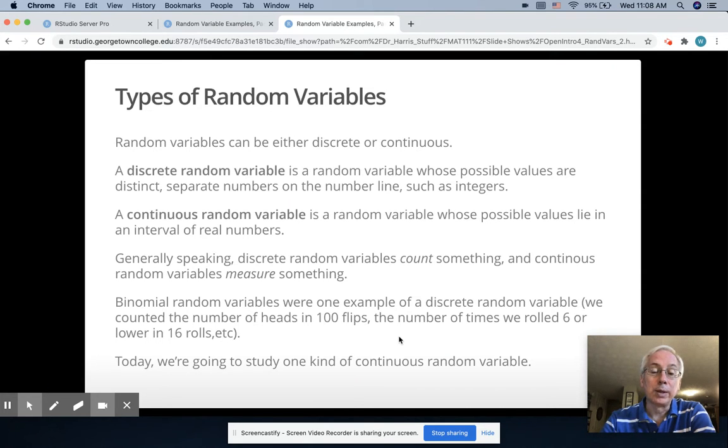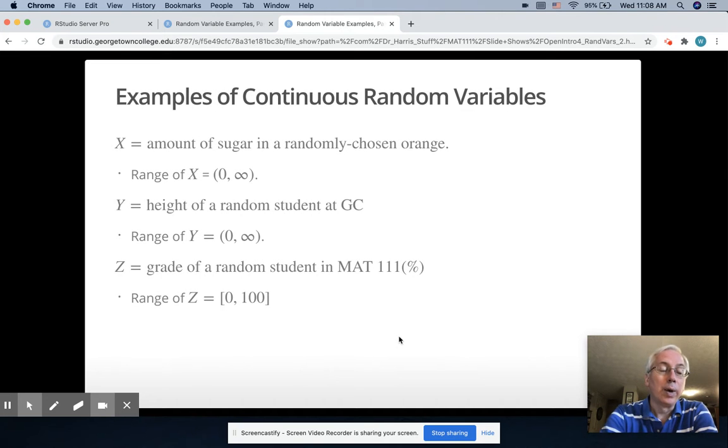But before we get into what normal random variables are, let's think about a couple of examples where we might have continuous random variables. We can measure the amount of sugar in a randomly chosen orange. We can measure the height of a randomly selected college student. Or we could look at the grade of a randomly selected statistics student.